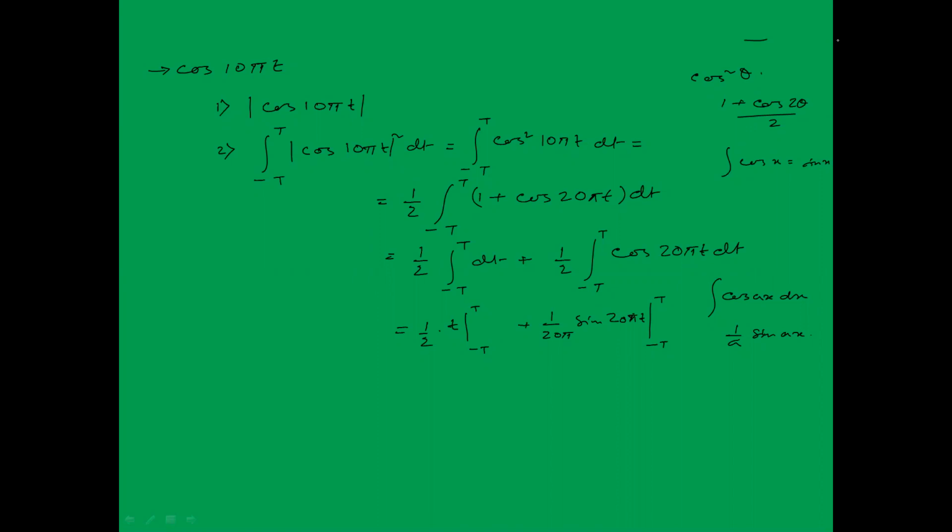So now let us say this is sin 20 pi. We will get these terms. Okay, this term, sin 20 into pi, always gives you 0. So now this equation is half times T to T, that is 2T, that is 1.